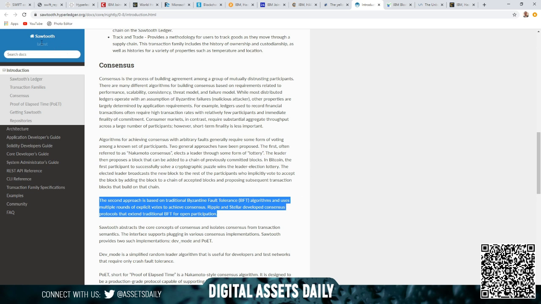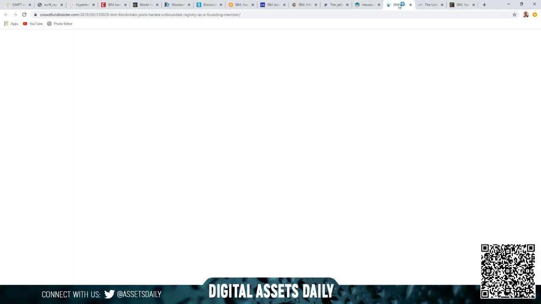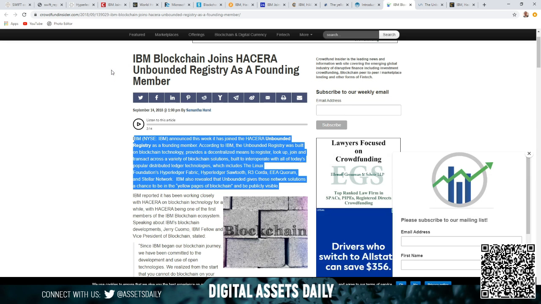Under the consensus of Sawtooth, you have a direct statement from hyperledger.org on Ripple and Stellar. Next, IBM Blockchain joins Hedera Unbounded Registry as a founding member. Again, we have the Hedera Unbounded Registry as a founding member.